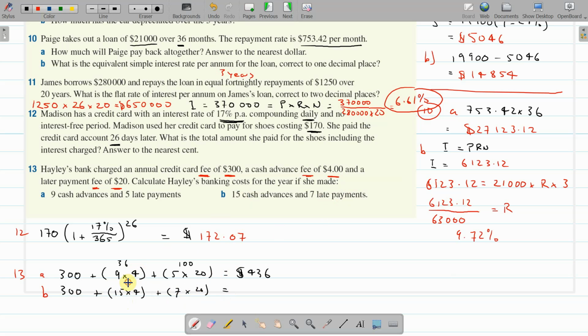That's 60, 140, so that's 200, plus 300 is 500. Remember that 300 is the annual credit card fee. So there's the answer, 436 if you do them, and 500 if you do that. Okay, thank you.